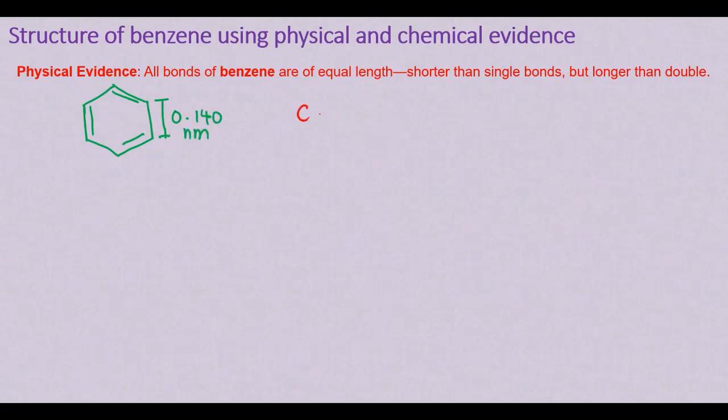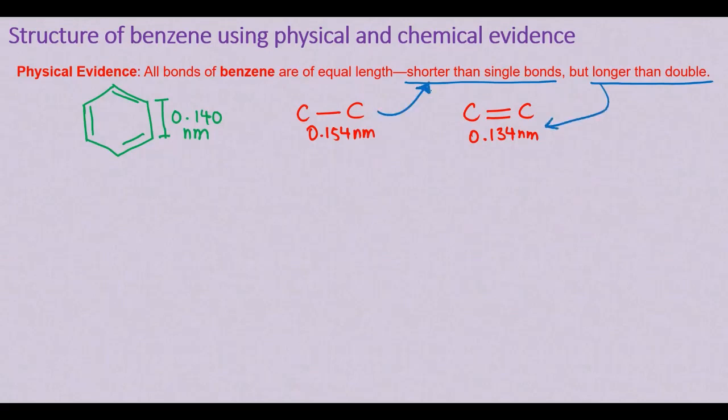This value is shorter than the bond length of the carbon to carbon single covalent bond, which is 0.154 nanometers, and longer than the carbon to carbon double covalent bond, which is 0.134 nanometers.